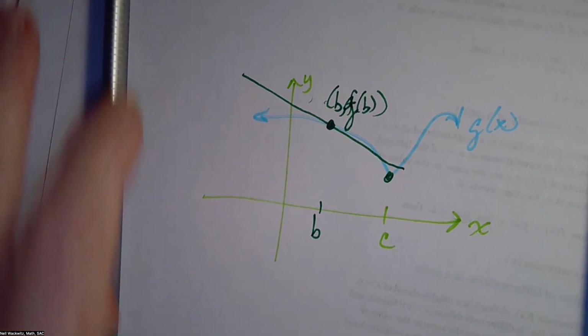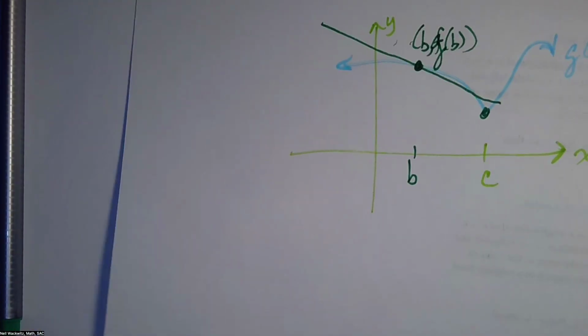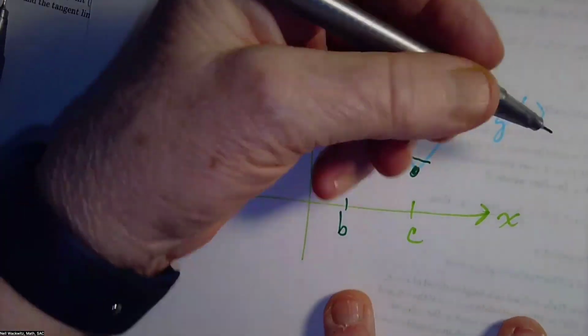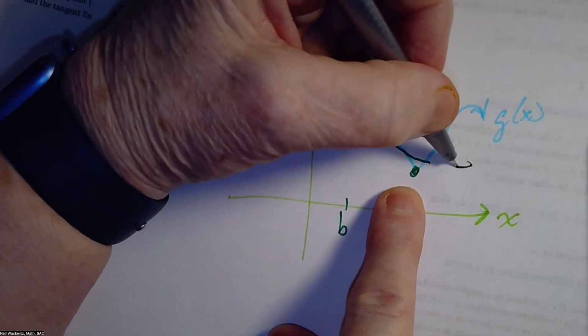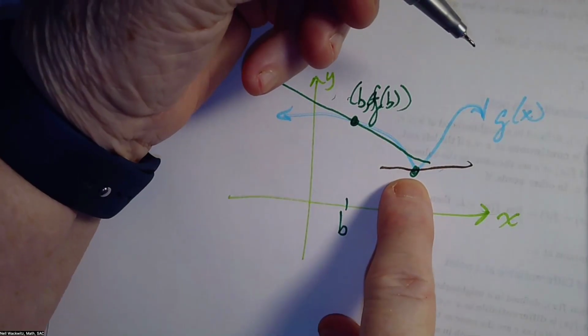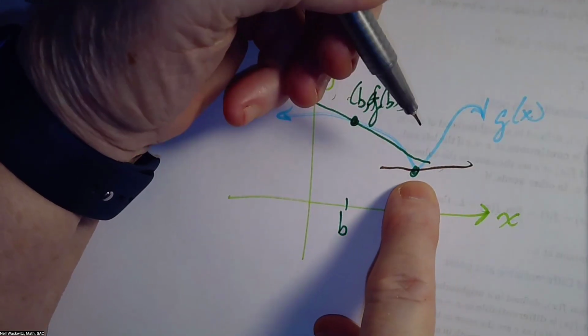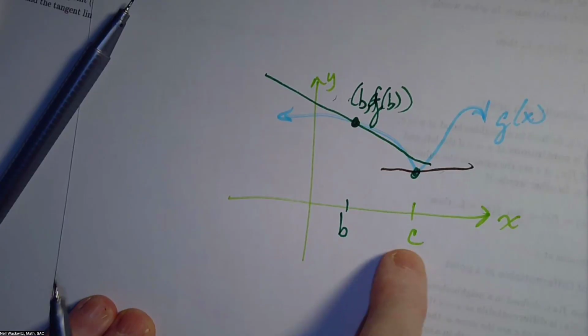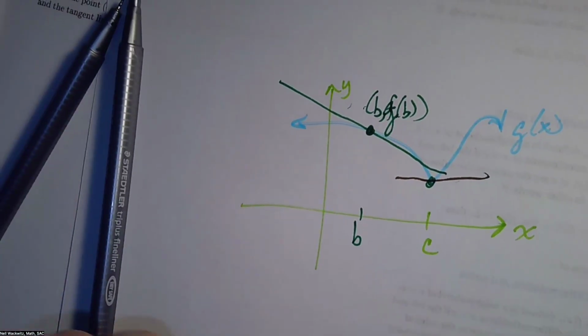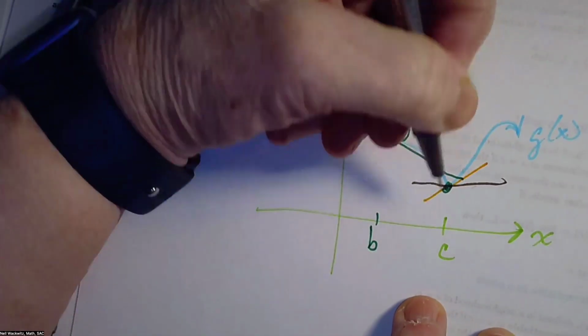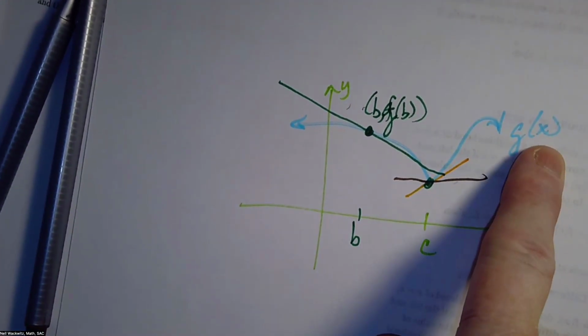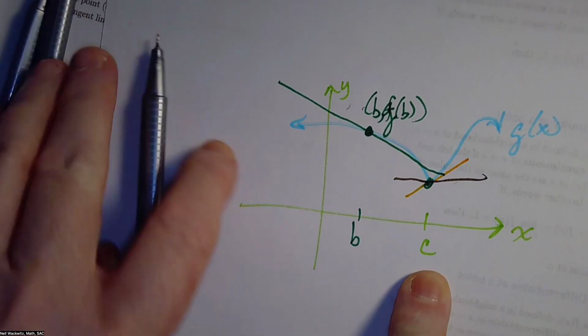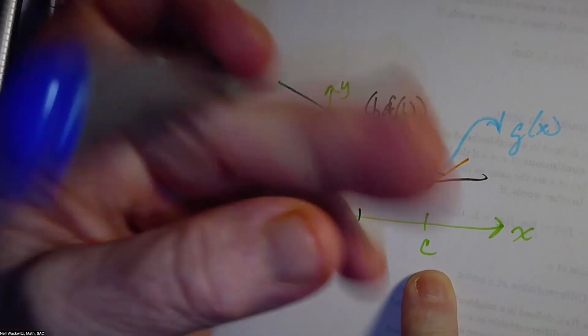But now let's look at the second point. Here's a line that only touches g of x at one point, at c, g of c. Wait a second. Here's another line, and that only touches g of x at c, g of c. Wait.